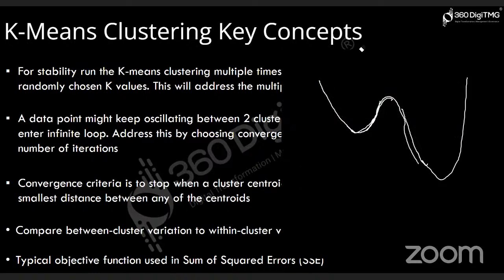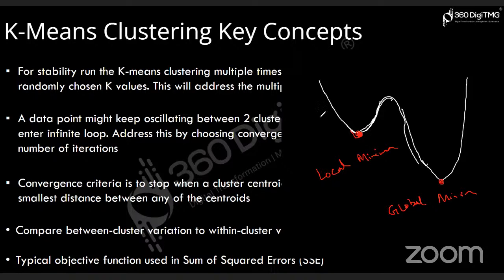This point and this point are both minimum. But we can see that the minimum point is this one. This minimum point will be the global minimum. This point will be a local minimum. This is also a minimum, but it is a local one.